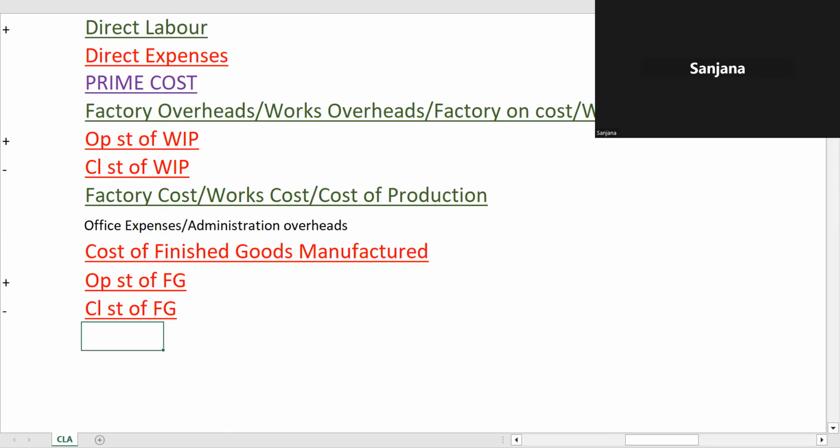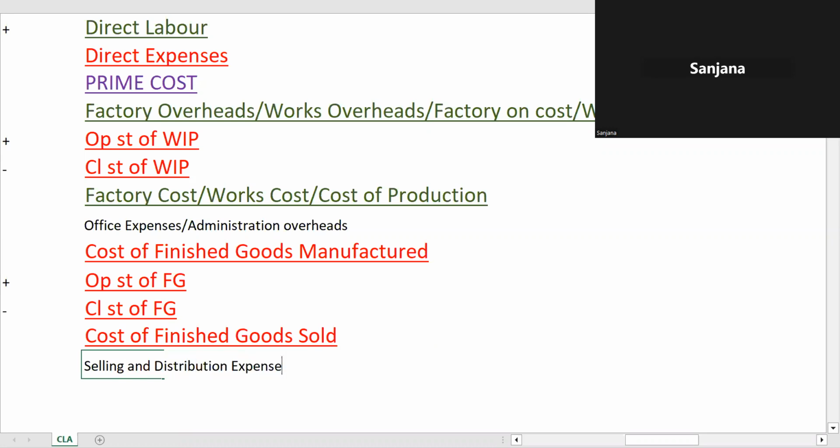So this becomes your cost of finished goods sold, it is called. Then after this you can add your selling and distribution expenses, and you get cost of goods sold.